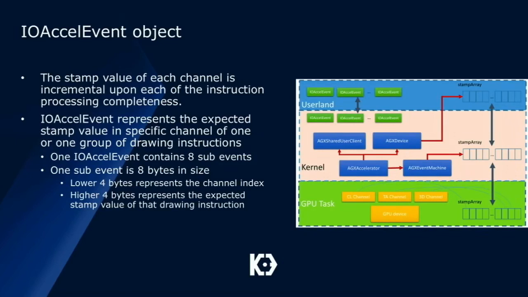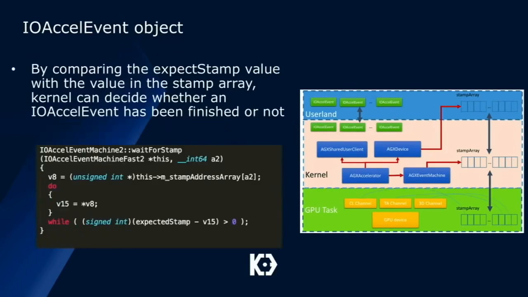One IOAccelEvent contains 8 sub-events. One sub-event is 8 bytes in size, where its lower 4 bytes represent the channel index, and the higher 4 bytes represent the expected stamp value of that job instruction. To test whether a job instruction has been completed or not, you just need to compare the expected stamp value with the value in that stamp array.